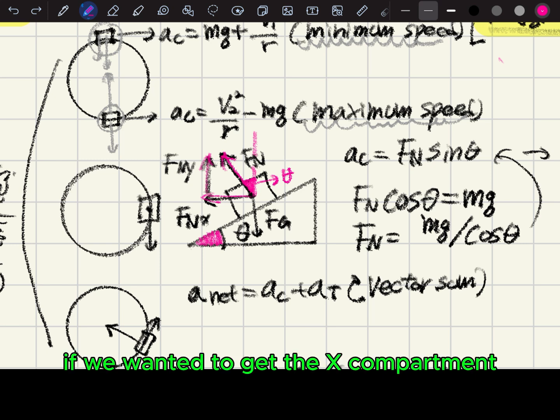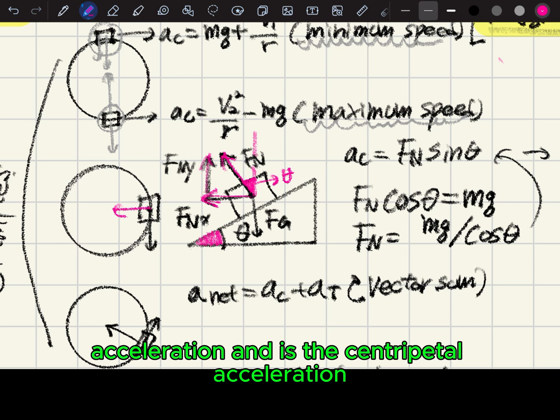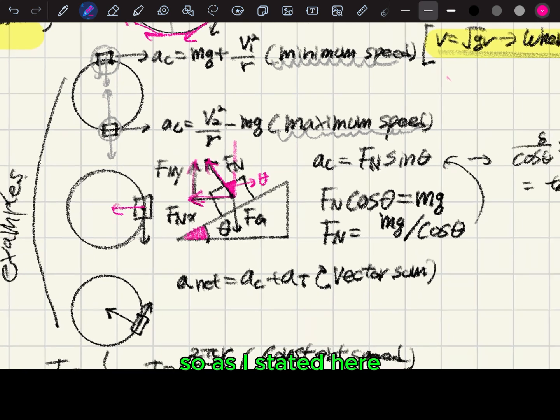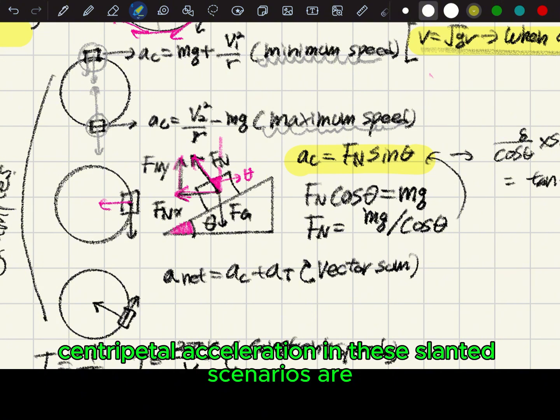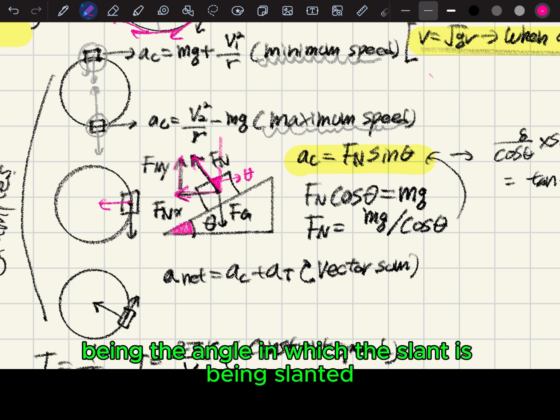If we wanted to get the x component, which is in the direction of the centripetal acceleration, we would have to multiply Fn by sine theta. So as I stated here, centripetal acceleration in these slanted scenarios is the normal force multiplied by sine theta, theta being the angle at which the slant is slanted.